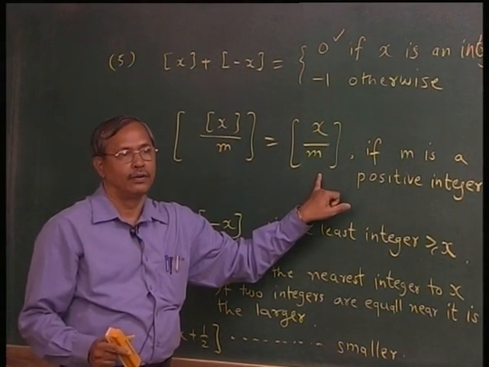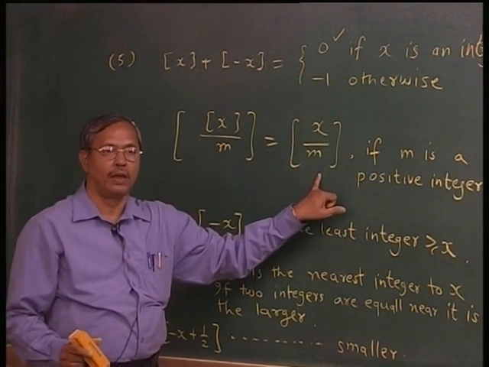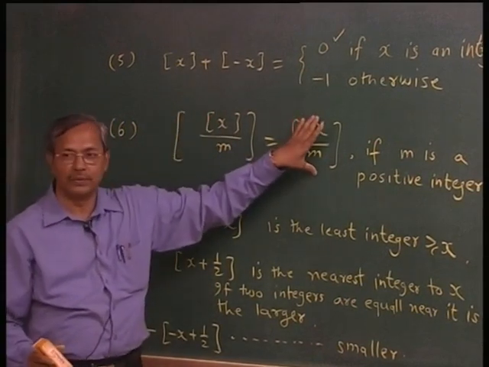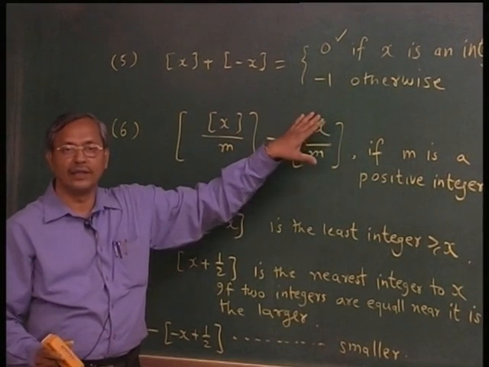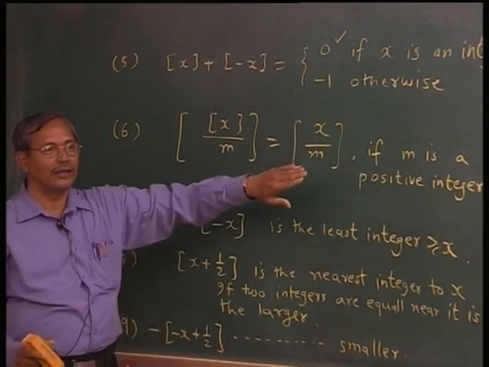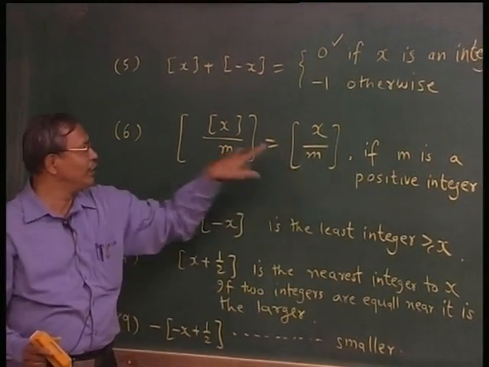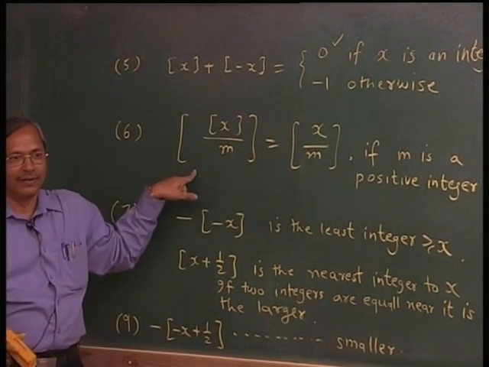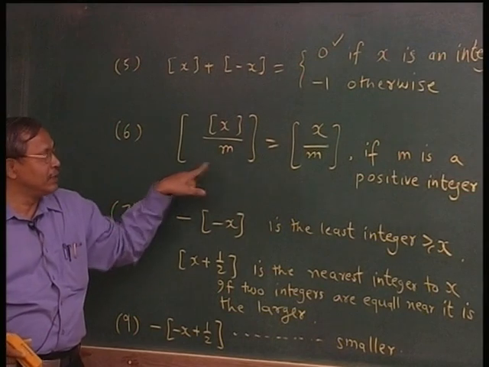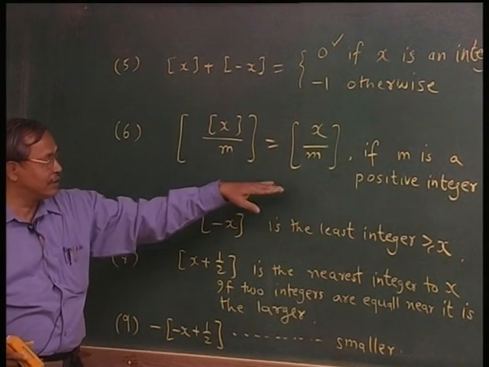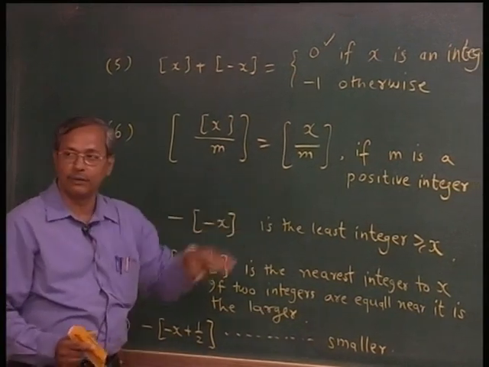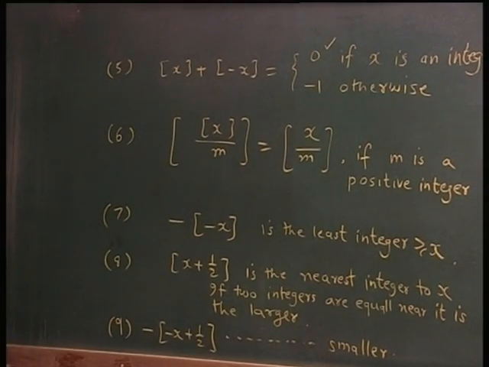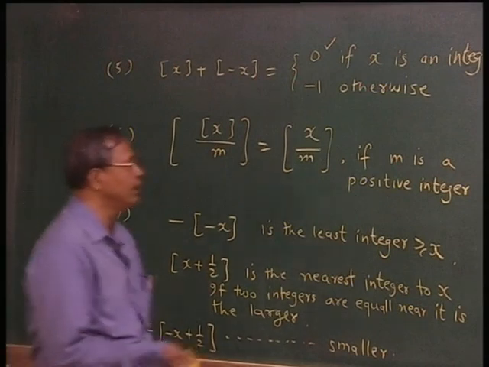Now you may think that this complicated looking thing is made simple here. On the contrary, in the applications you will see that to evaluate this we use this. It is exactly opposite. And you will see how certain calculations become simple because of this nice property of the greatest integer function. So let us prove this property.